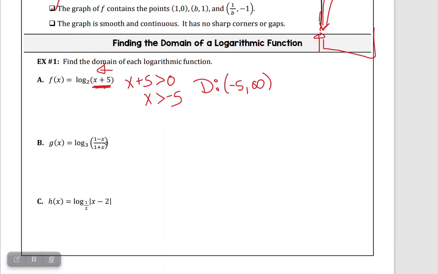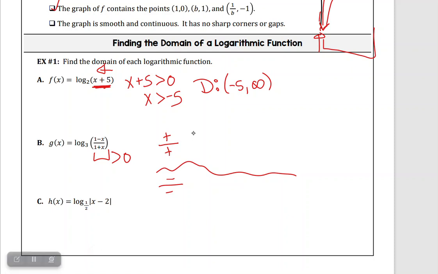This one gets a little bit more complicated in the sense that this also has to be greater than 0. And so for this to be greater than 0, two things have to happen. The numerator and the denominator both have to be positive, or the numerator and denominator both have to be negative, negative over negative.